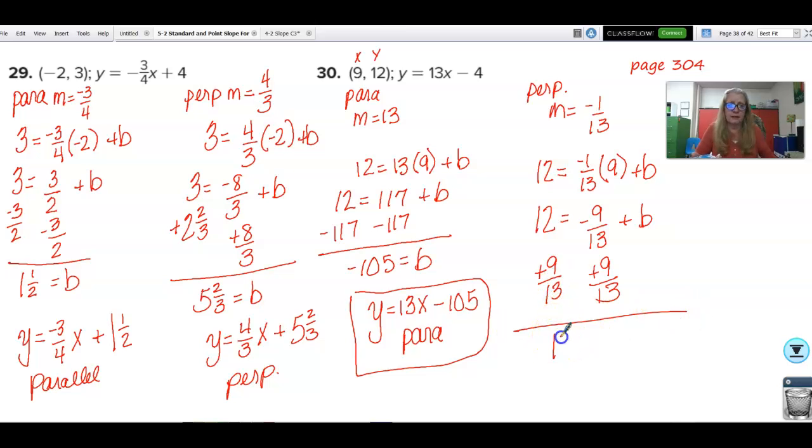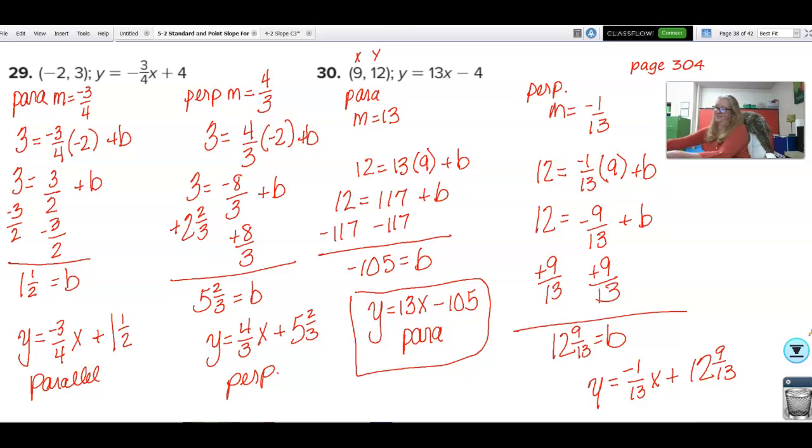And we get 12 and 9/13 for b. Oh, heavens. Okay. So our equation would be y equals negative 1/13 x plus 12 and 9/13. Well, I'm telling you what, you'll be thinking you got that wrong, right? But, yeah, no, it's right.